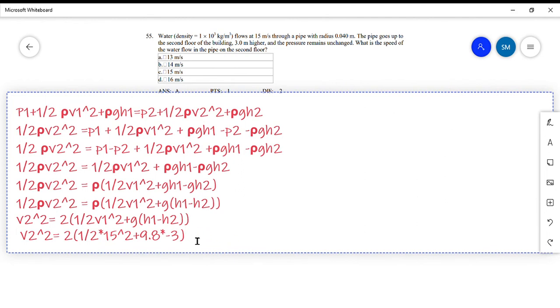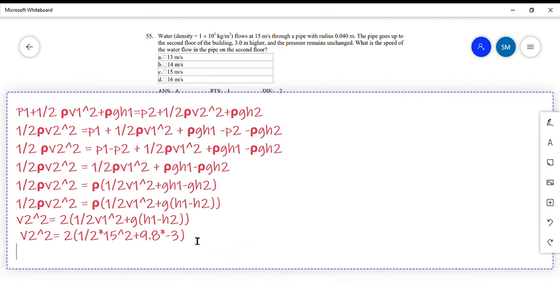After solving this equation manually or by using the calculator, you will find that v2 is simply equal to 12.89, which approximately is equal to 13 meter per second.